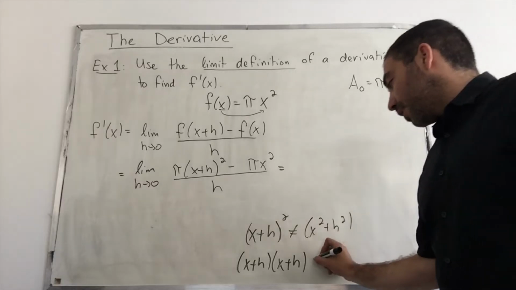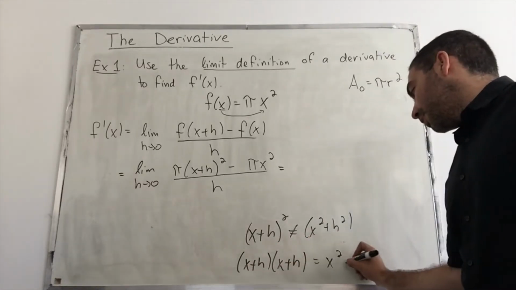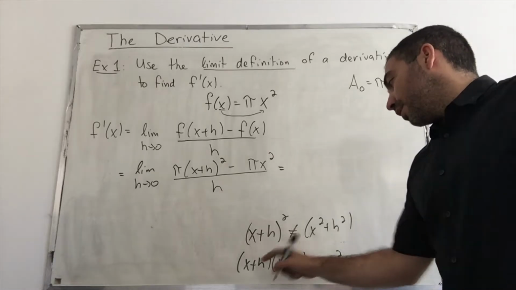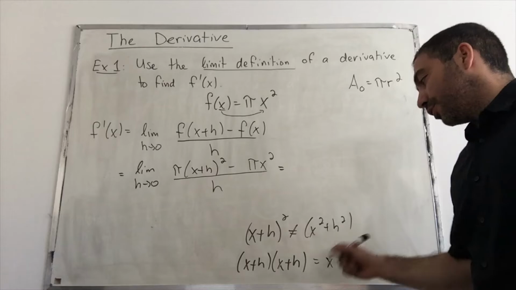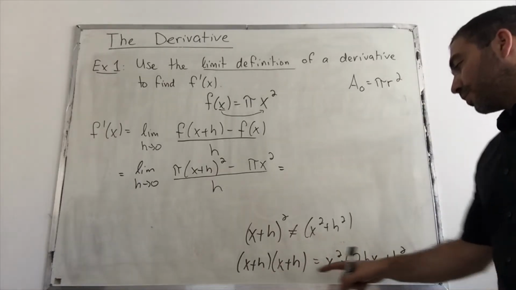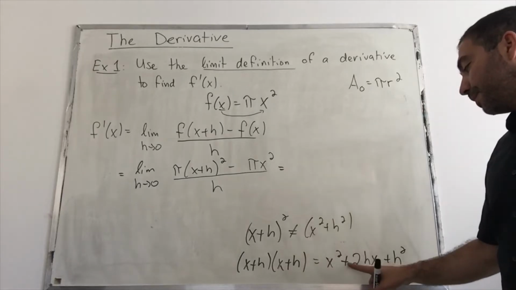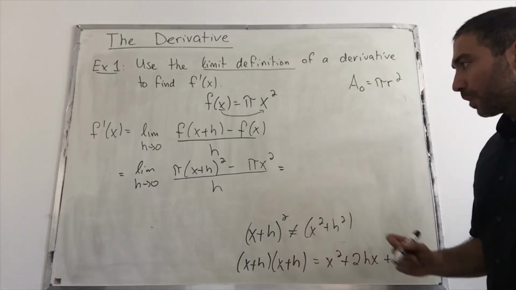So if we expand this out, we get x times x, which is x squared. X times h is xh. Then we have two of them, 2hx or xh, doesn't matter the order. And then h times h, we have h squared. Okay, so this is this guy expanded. I skipped this step where you have to add the two middle terms, but it works out to be the same.